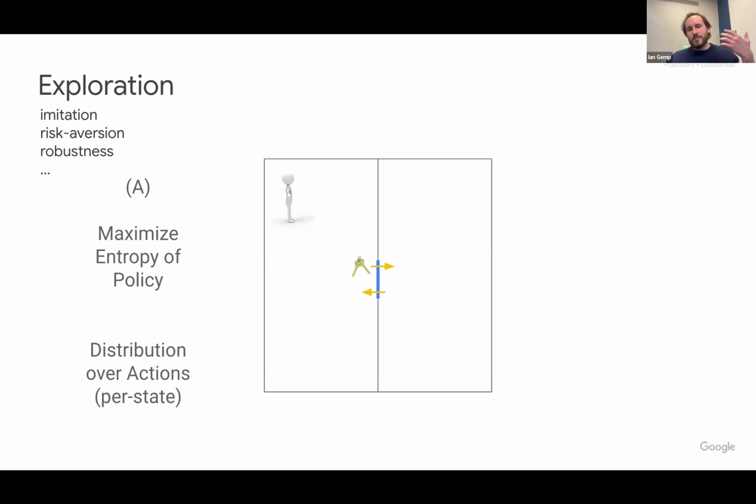So you can imagine they'll spend like 1,000,000 years in the room on the left, and they'll spend like one day in the room on the right, and you'll get this very uneven distribution over these two rooms, and so a very uneven distribution of exploring your environment. And maybe effectively they never actually get through that door to the right room, and so they never explore that room, and maybe that's where the treasure is, or that's where the actual reward is.